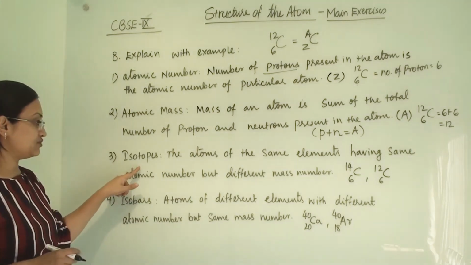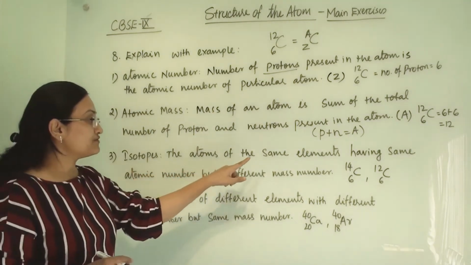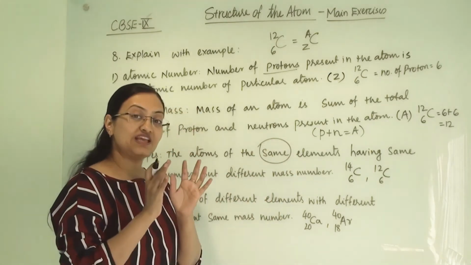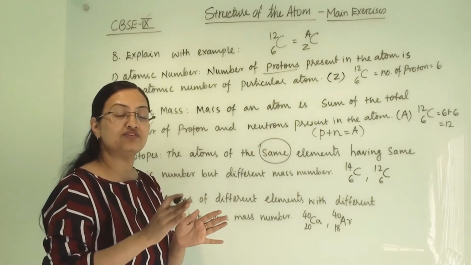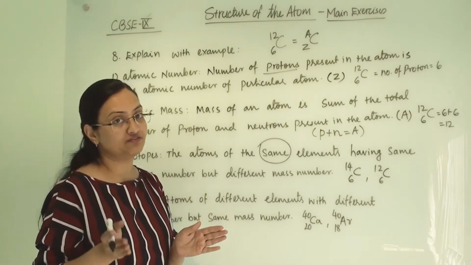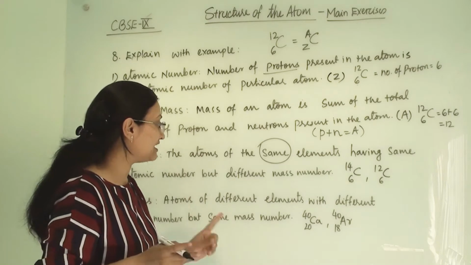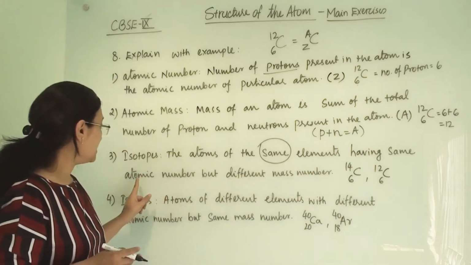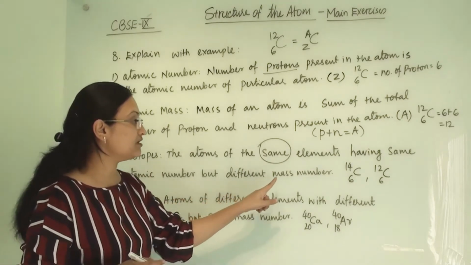Then third, isotopes. The atoms of the same element. This is very important to mention that this is the same element, only they differ in their neutron count and so their mass will differ. But they are the same element. Atoms of the same element having the same atomic number but different mass number.